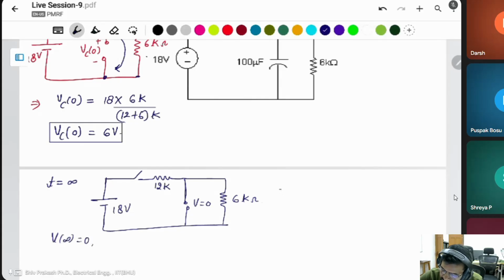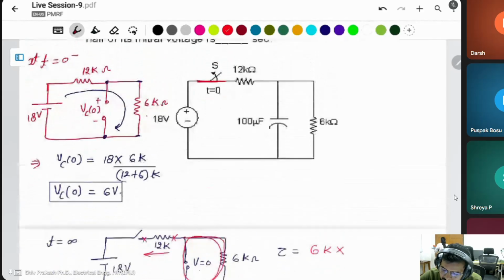Then what is the tau? There is no meaning of this resistor, because this resistor is out of the source after t is equal to 0. There is no connection between them. Only this circuit is there, R and C. This is the 6 kilo ohm resistor and capacitor.